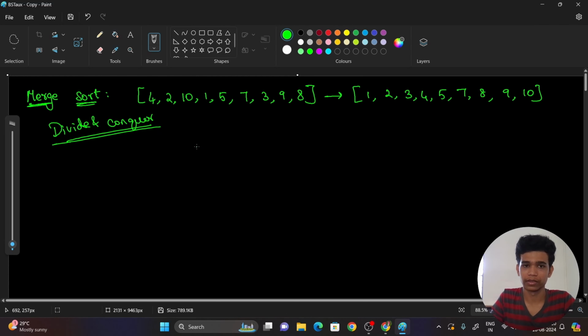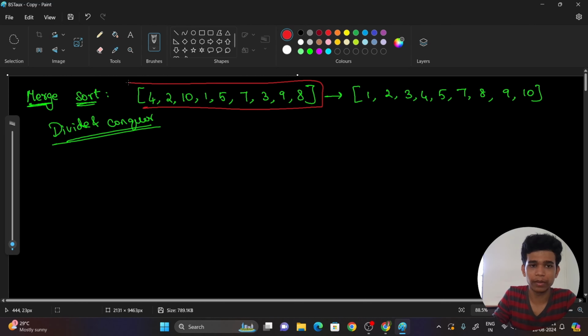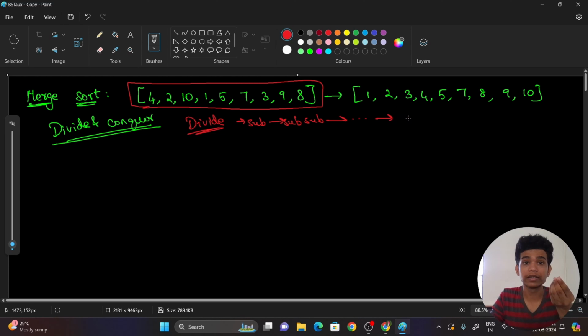So what it signifies is, see here. What is this array? This array is the whole set of my problem, right? So now I will divide my problem into a subproblem, and the subproblem into sub-subproblems, until my problem gets to the smallest value.